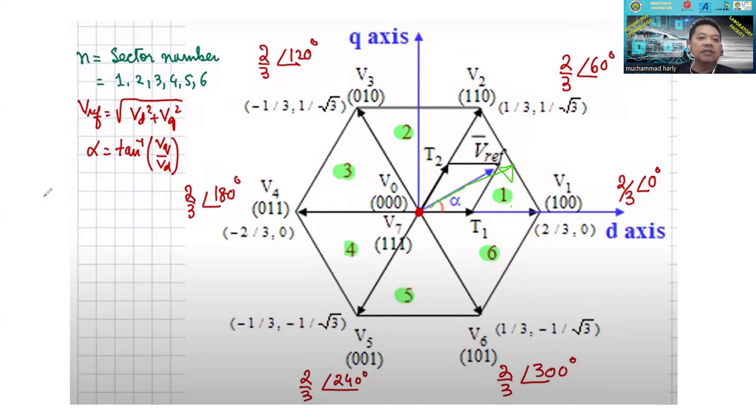That means the vector symbolizes the representation of the stator magnetic field here.